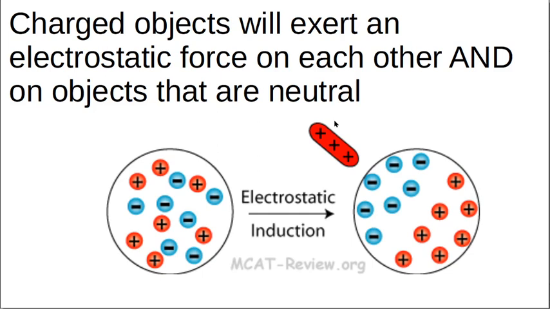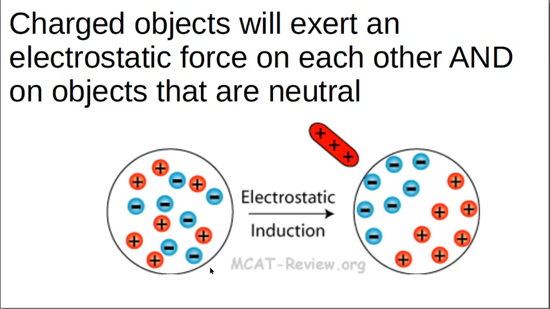So what happens is, and you know this is one of my favorite sayings, like charges repel, unlike charges attract. One of the things that they like to ask you about here, and sometimes these diagrams are a little bit misleading, but they're using it to try and illustrate things to you.